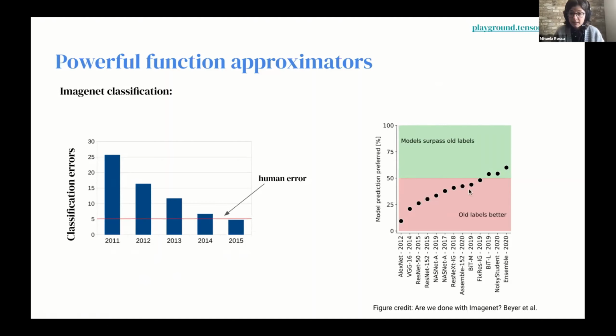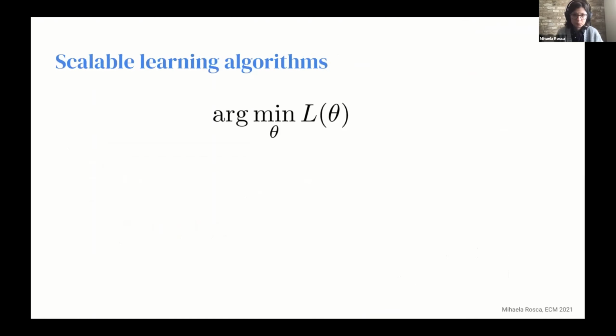And what happened in 2020, which is perhaps even more interesting, is that now human raters actually prefer the labels provided by the models rather than those provided in the data set. So these are very powerful models, but of course this example is a classification example, and I'm going to showcase this idea with generative modeling instead of supervised learning.